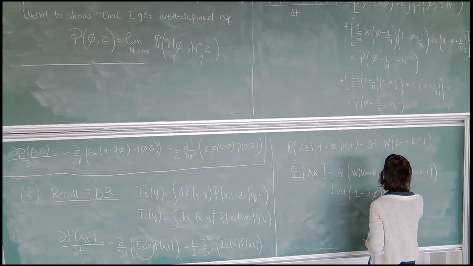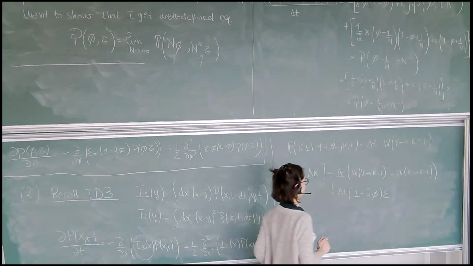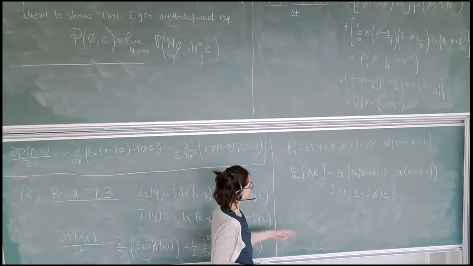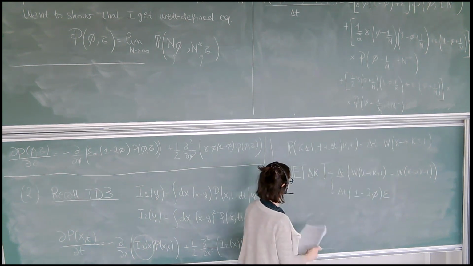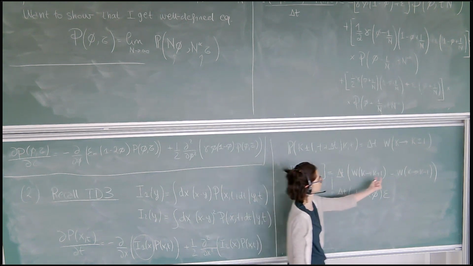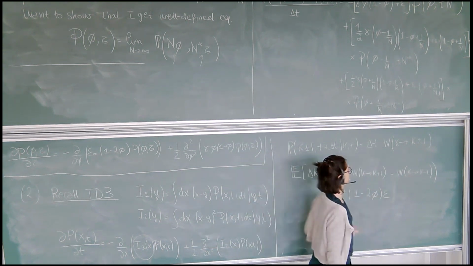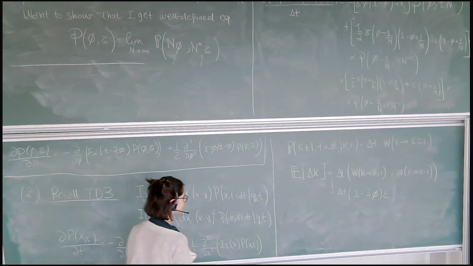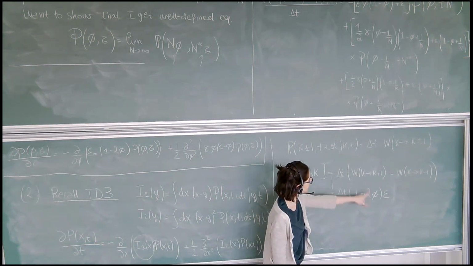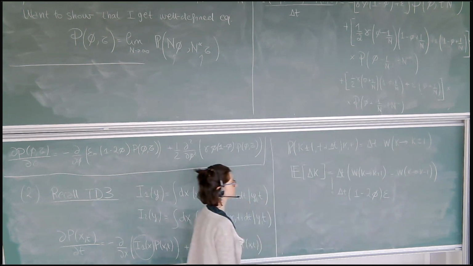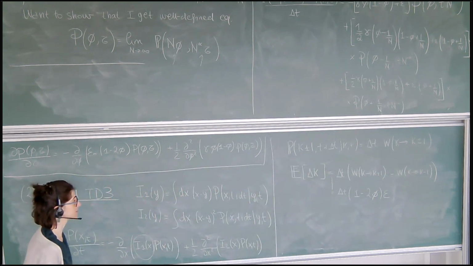And I forgot a minus. So this comes with a minus because it should be delta k equals minus 1 times the corresponding probability. So the term which contains gamma cancels, and you just have to sum the terms which contain epsilon, and you get this.